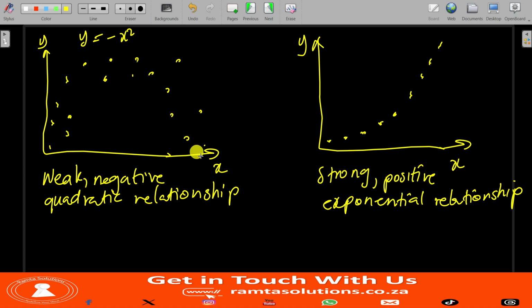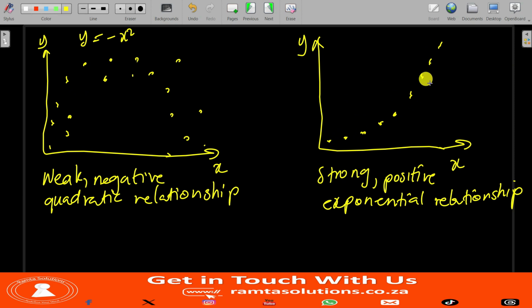Like in this case here, they are not really conforming to a particular function. You can see that others are zigzagging there, right? But we can see it is trying to make a quadratic relationship. So we're gonna call it a weak relationship.